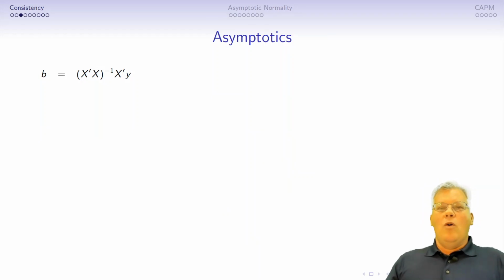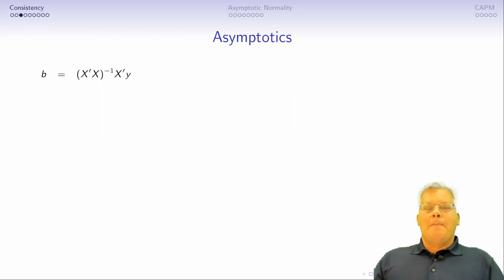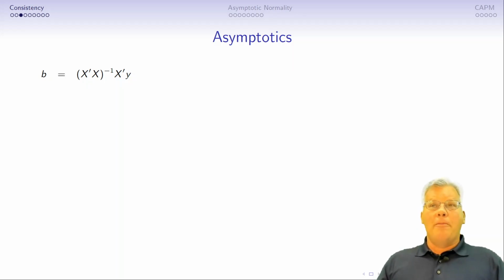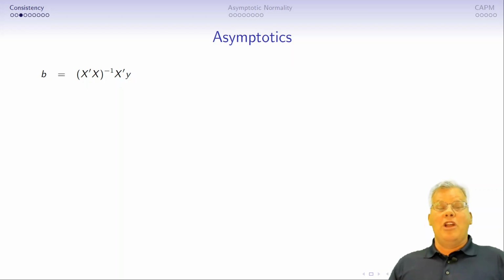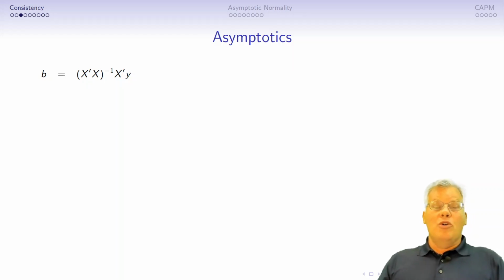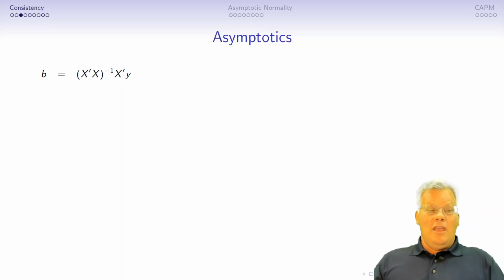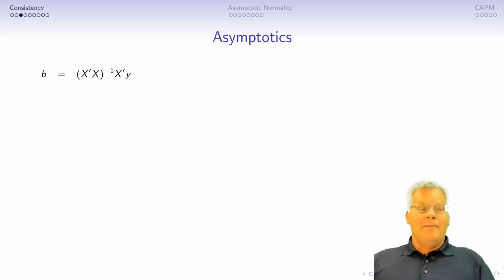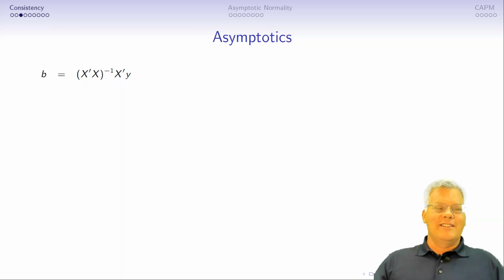Okay. Now, asymptotics. To evaluate the asymptotic properties of b, we will start as we did earlier when we developed small sample properties. We'll first do some algebraic manipulation to decompose the OLS estimator b into the population parameter that we're attempting to estimate, and leftover, or as I like to call them, the junk terms.